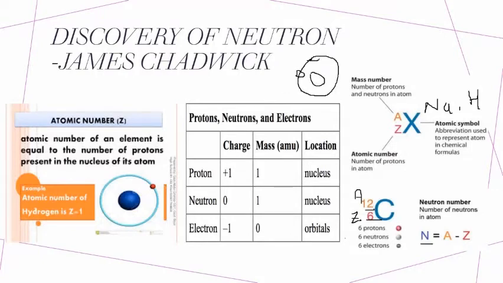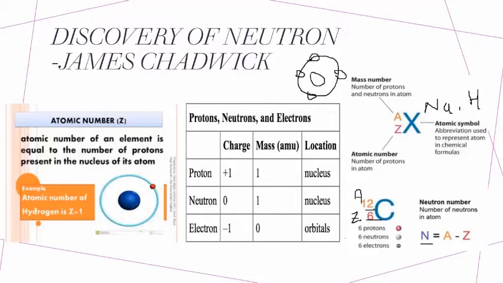Electrons are negatively charged particles, so their electric charge is -1, and mass is 0, and their location is in orbitals. So this is a little more information about protons, neutrons and electrons.